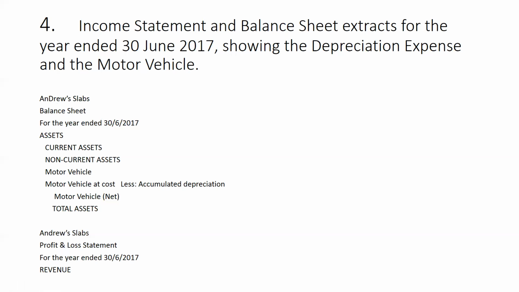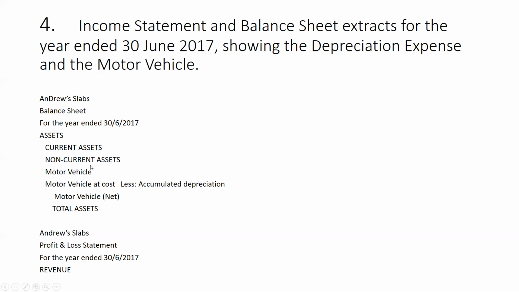So in this assessment, we only have the assets, because we only discussed the assets, no liability or anything. And in current assets, there is nothing because motor vehicle is a non-current asset. So leave current assets blank, and in non-current assets, write motor vehicle, then reduce the accumulated depreciation amount because this is already depreciated. You get the net motor vehicle amount.